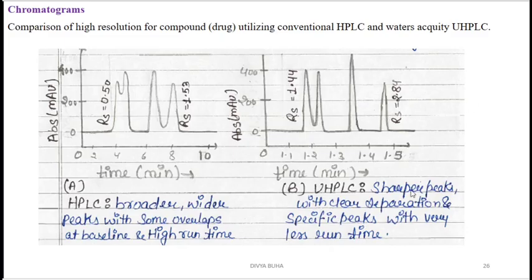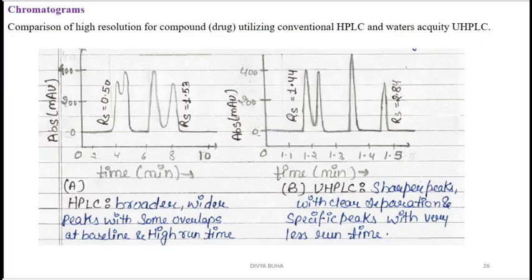So if you compare the graphs, then you can easily find that in UHPLC the band broadening would be lesser, resolution would be more, and separation would be done in a proper way. There would be less time consumption, which means that analysis would be done faster. So the solvent consumption, that is the mobile phase consumption, would be lesser.